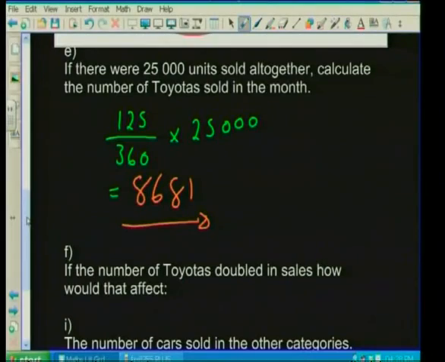So of the 25,000, I'm going to add 8,681 and say, you know what, I've actually sold 33,681 cars. Now, instead of making my pie chart out of 25,000 cars, it's now out of 33,681.